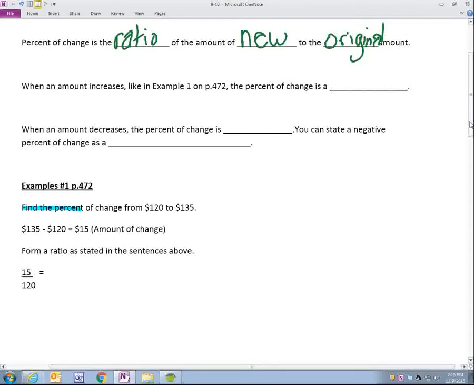When an amount increases, like the example on page 472, which is example 1 below it, a percent of change is a percent of increase in that situation. When the amount decreases, the percent of change is negative.